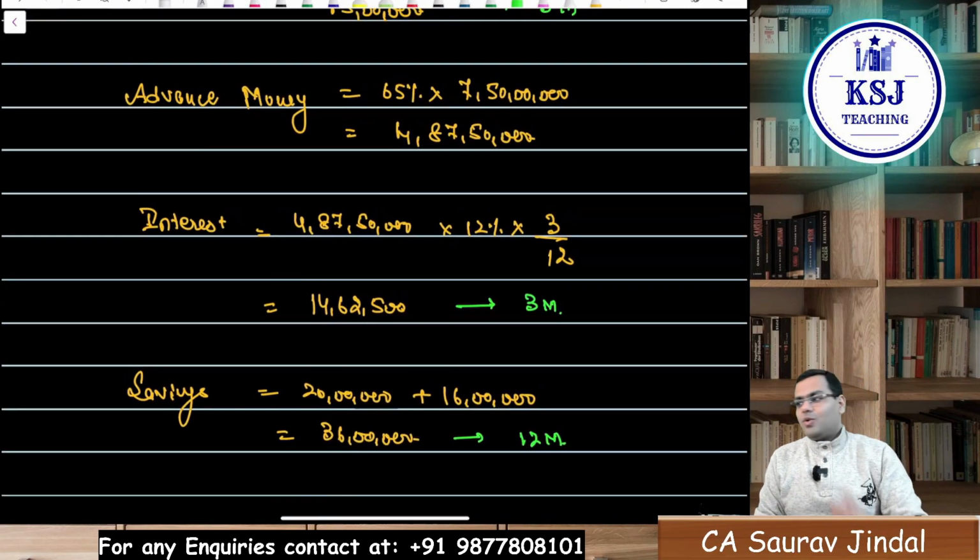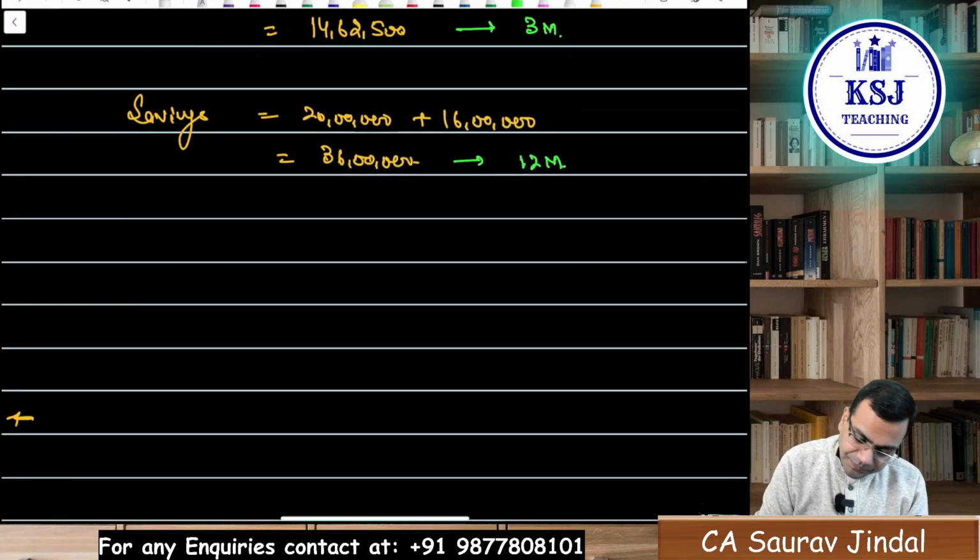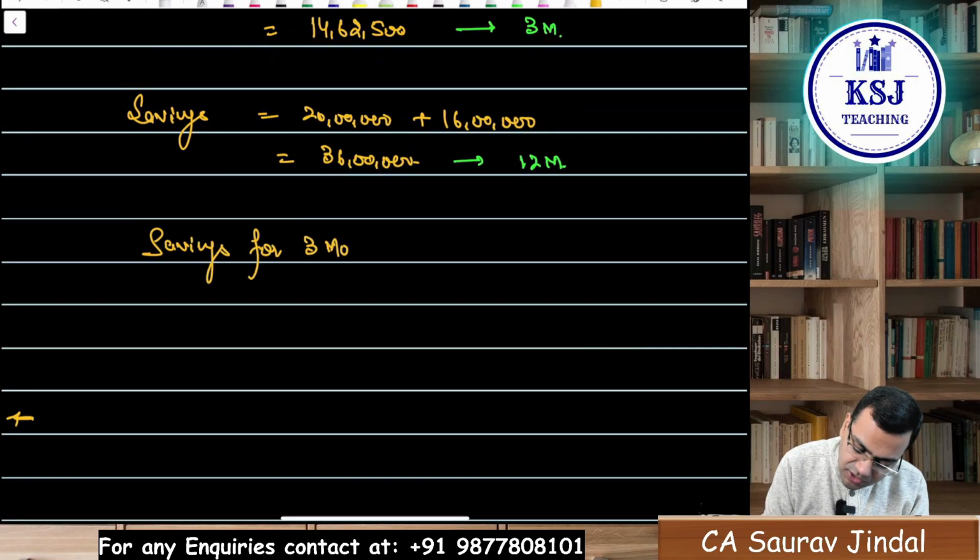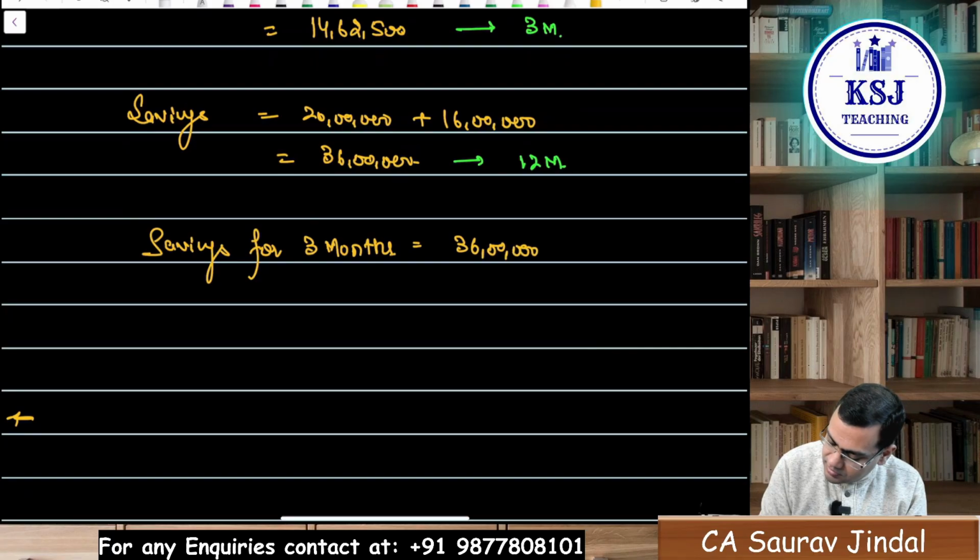Now, if I want to calculate the net cost, what will I have to do? I'll have to convert the savings for 3 months, because the cost you are taking is for 3 months, so the savings should also be for 3 months, right? So it will be 36 lakhs multiplied by 3 by 12, right?